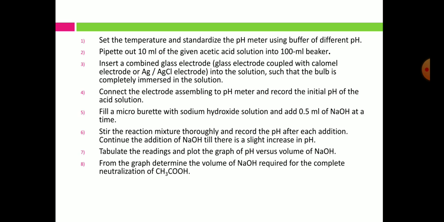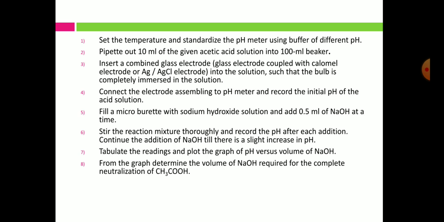We will connect the electrode to the pH meter and record the initial pH of the acid solution. Then we will fill the burette with NaOH solution, the concentration of which is 0.1 M, and we will add 0.5 ml of NaOH to the acid solution, then mix the solution and note down the change in the pH of the acid solution.